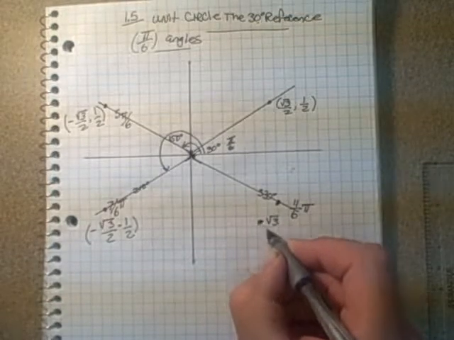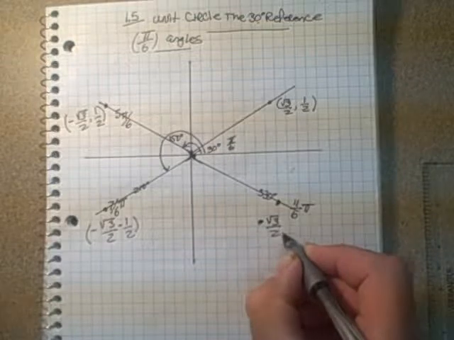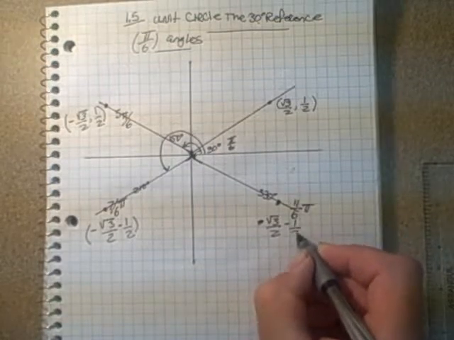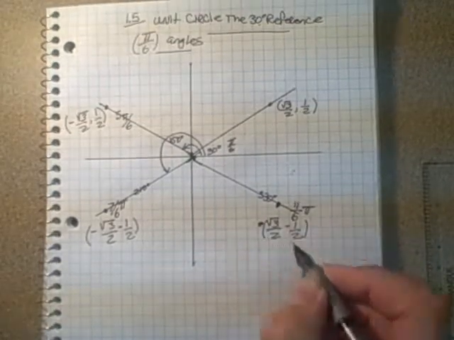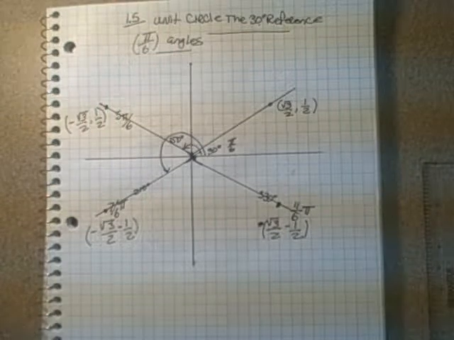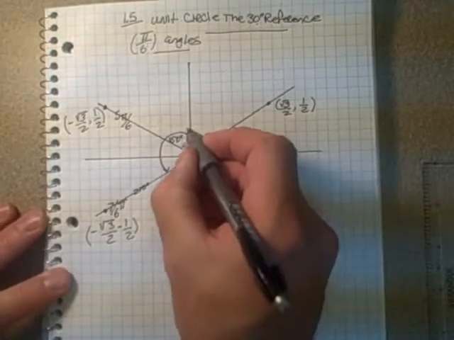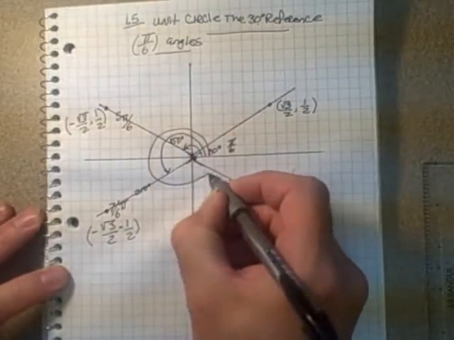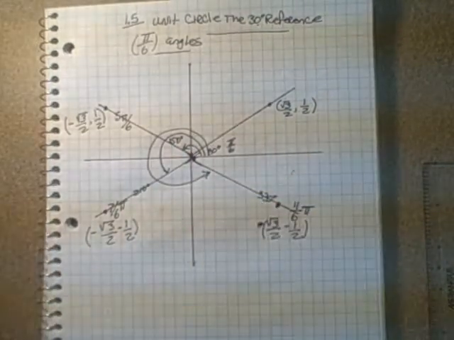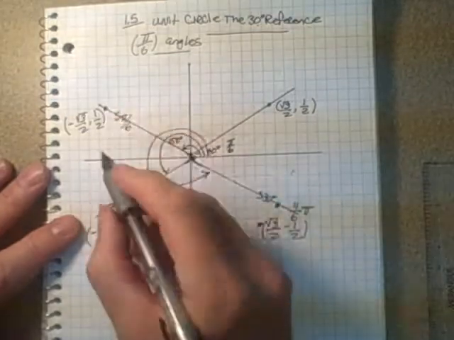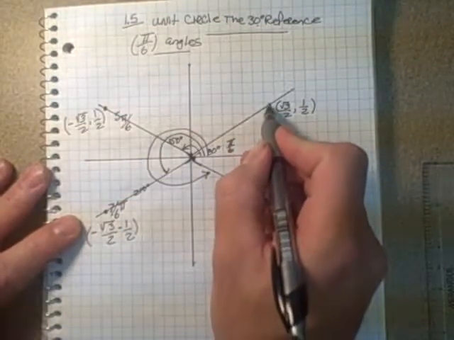Oops, the x is not negative this time, it's the y that's negative only in the fourth quadrant. So there is how you find those points on your unit circle. Don't forget, I forgot to put this one in. That's our 330 degrees.